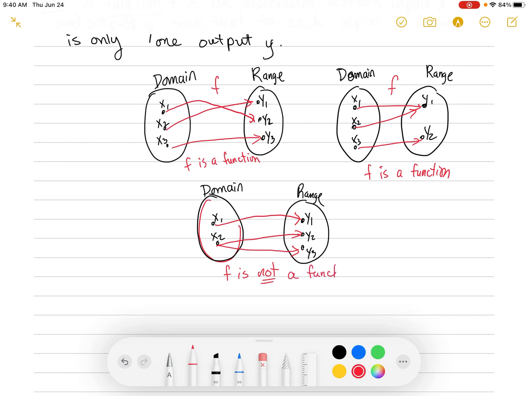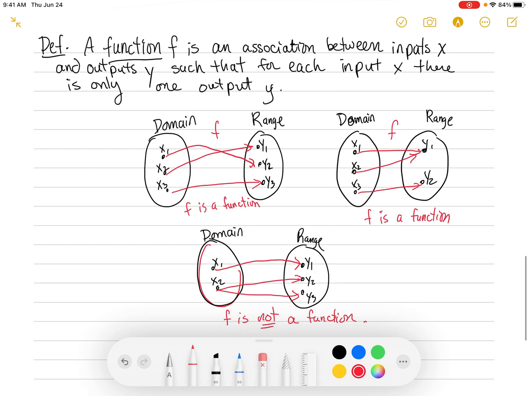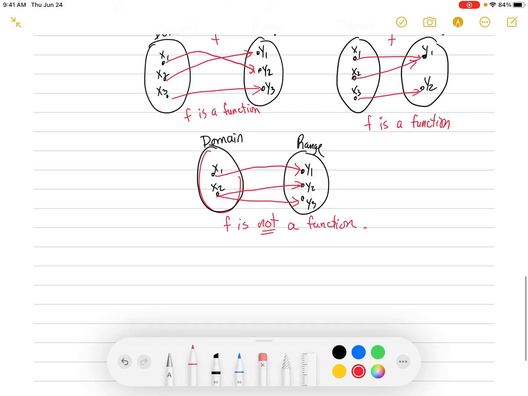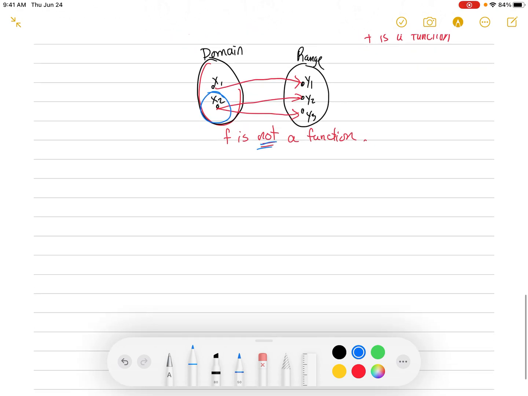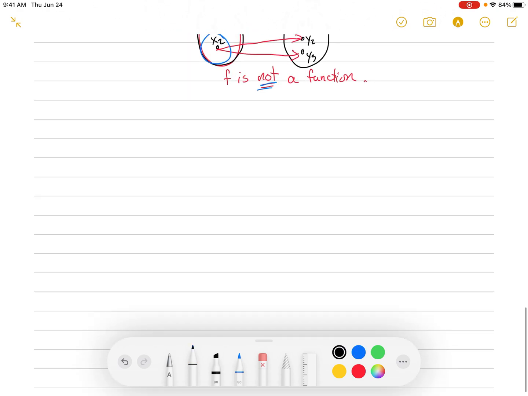So here, f is not a function, because we have an x that goes to multiple y's. To be a function, every x can have only one y value. Notice that x2 has multiple y values, so it's not a function. And remember, if you wanted to test whether a graph is a function, you use something called the vertical line test.